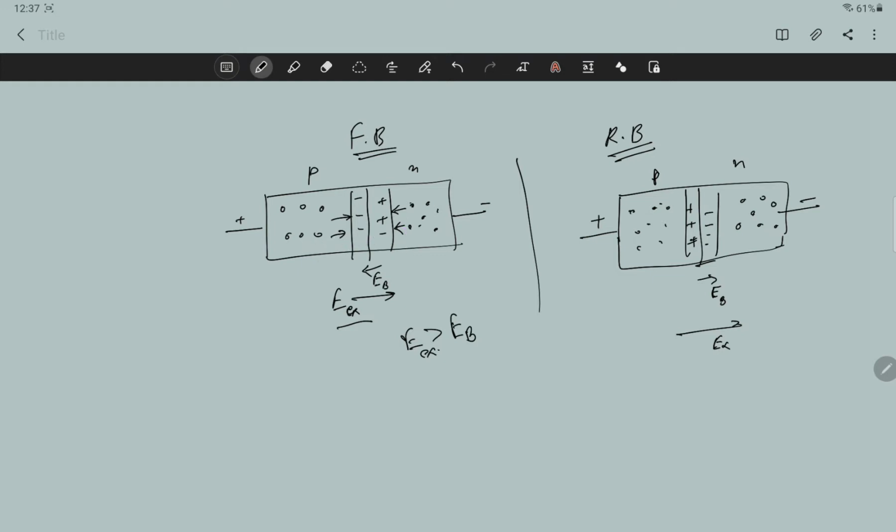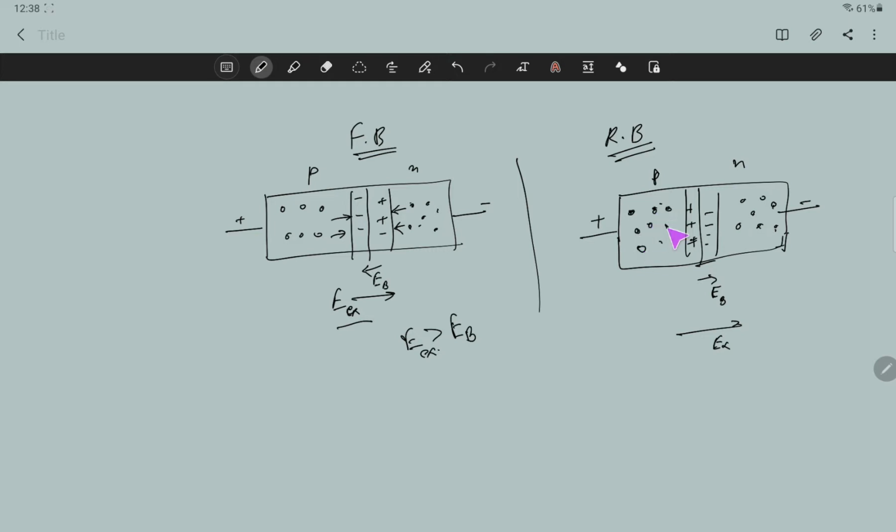Okay, now let's take a diode which is in reverse bias. When you apply the battery, these electrons on the n side will move through the external circuit and will fill these holes.